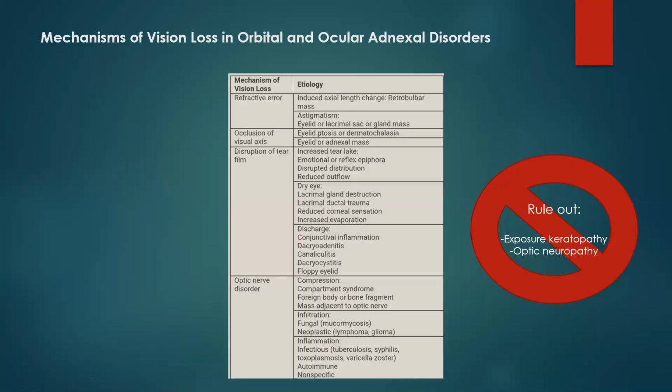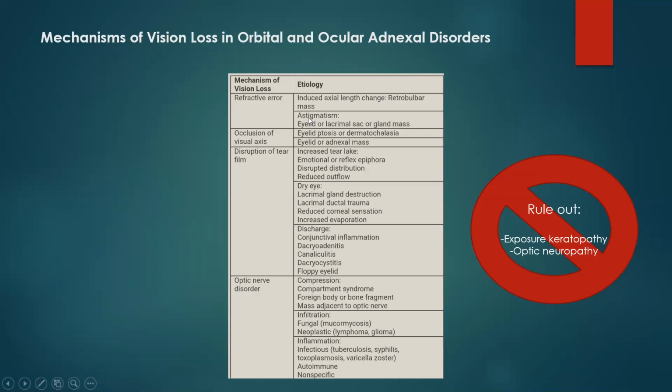The mechanism of visual loss in orbital diseases is different. It can be from just a simple refractive error, from a retrobulbar mass. Sometimes it happens with cases like cavernous meningioma, it's a hyperopic shift, or by compression on the globe.